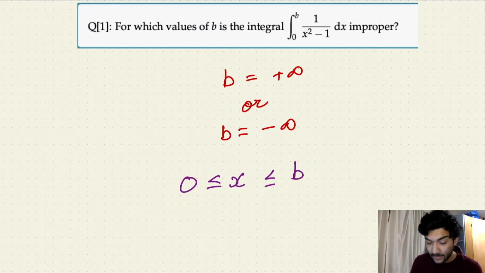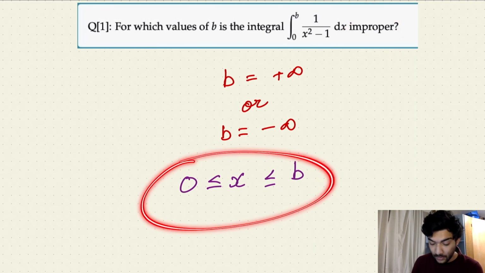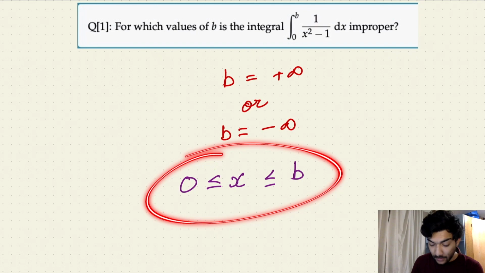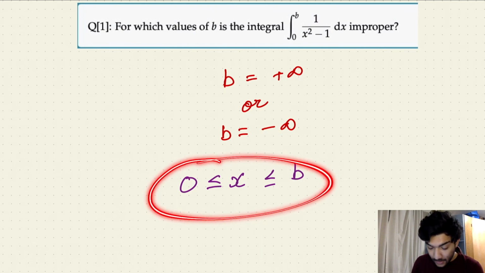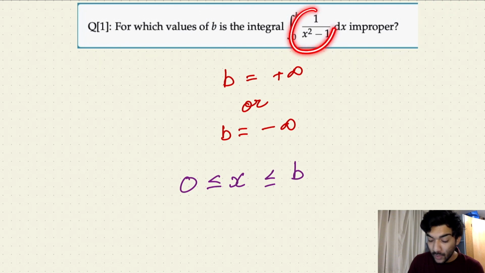A definite integral is said to be an improper integral if the domain of integration, the x values which you are varying in the definite integral, contains any point which has a discontinuity. So basically, if this interval contains any point where the domain of the function is not defined, we will call it an improper integral.